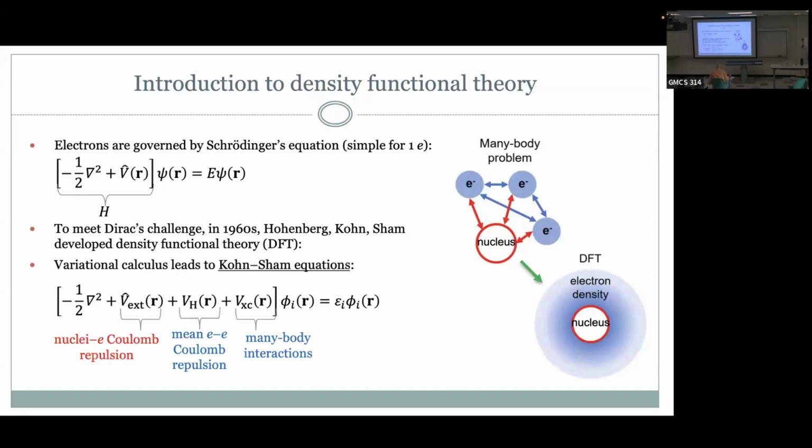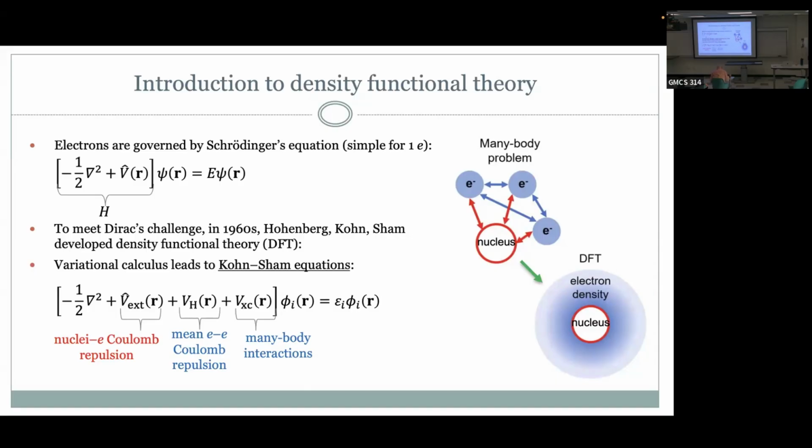And the variational calculus leads to these equations we call Kohn-Sham equations. And now these equations look quite similar to the Schrodinger's equation. So here we have pseudo wave functions phi. So for practical purposes, they're wave functions. We have, again, a Laplacian, and then we have three parts for the potential.